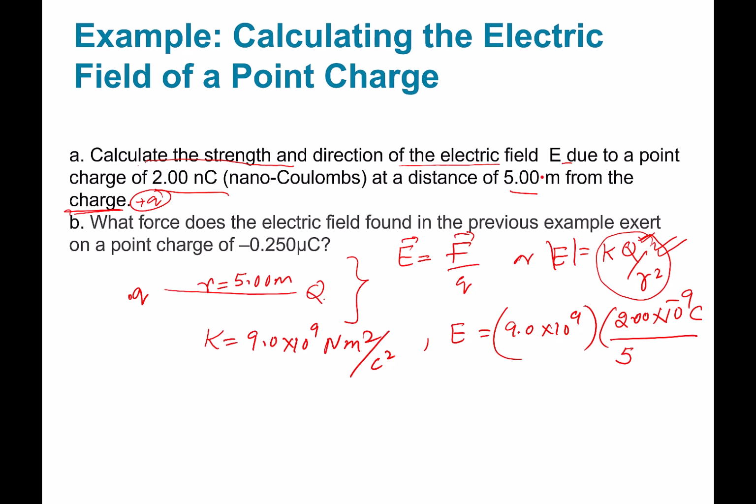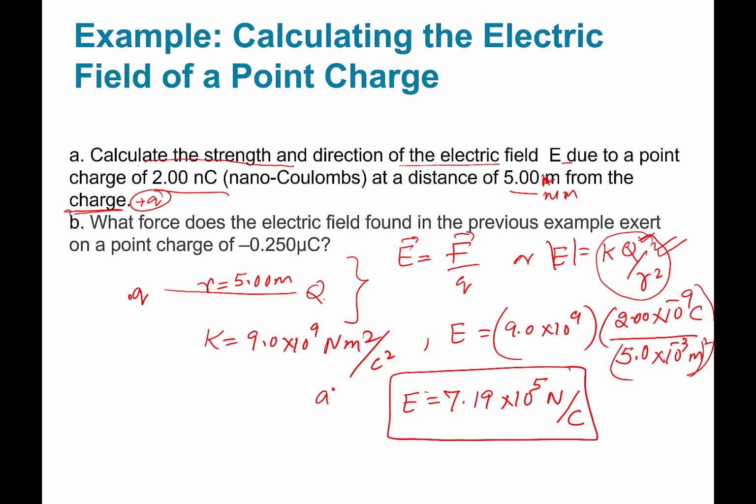Actually, it is 5 millimeters, not 5 meters. So please make a correction here. 5 meters would be too large of a distance. So 5 millimeters is 10 to the power of minus 3 meters. Make sure you are squaring this distance, and E will be equivalent to 7.19 times 10 to the power of 5 newtons per coulomb.